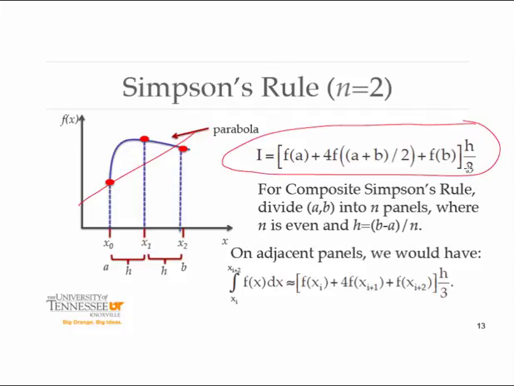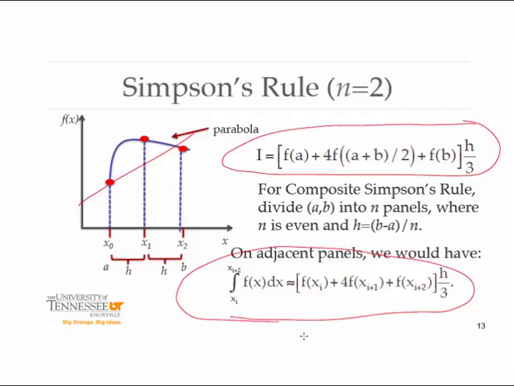And for the composite rule, you'll do the same thing that we did with the composite trapezoid. You're just going to break it up and then use these midpoints in each subinterval so that you can construct your quadratic. And so basically on every one of the adjacent panels, you're using 3 data points.